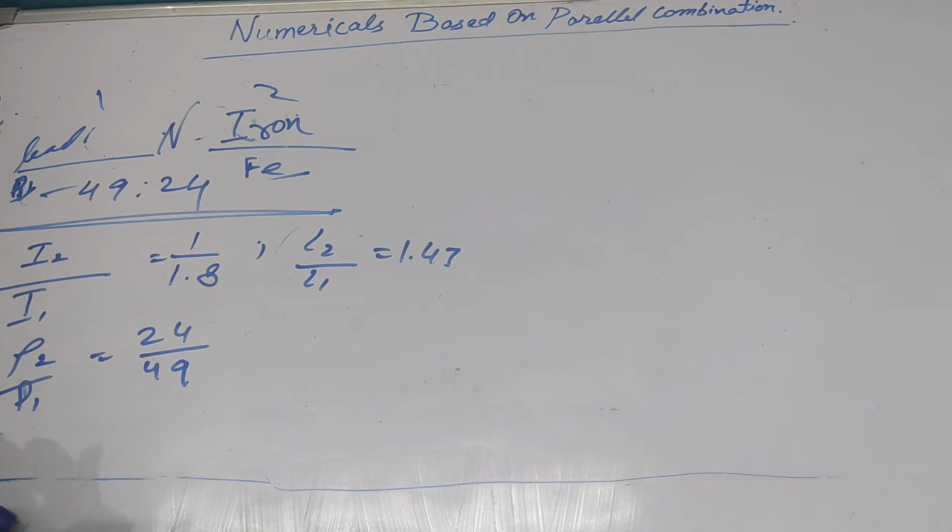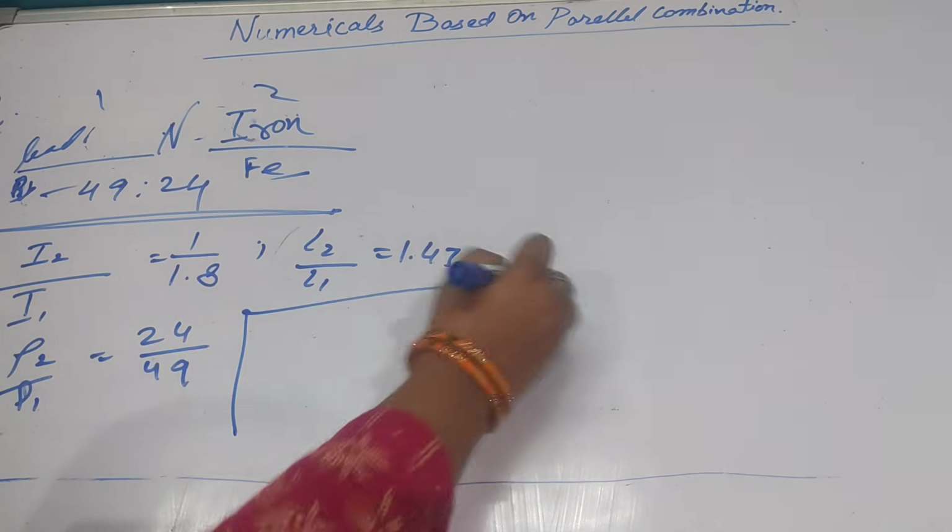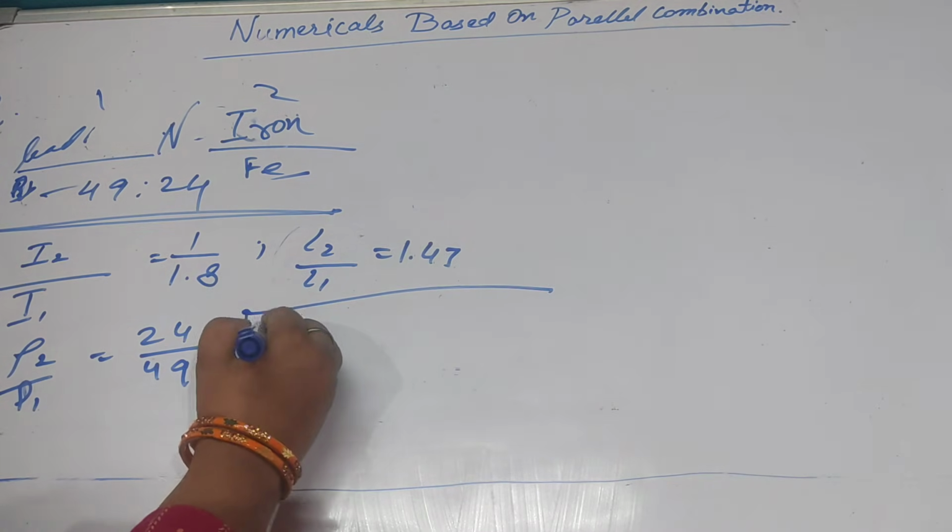Since in parallel combination current in an individual resistor is proportional to its conductance, you have to remember this. Okay, so in this case we will go for this formula.